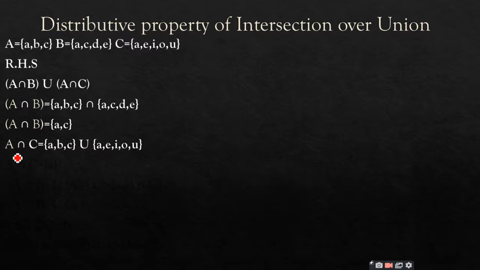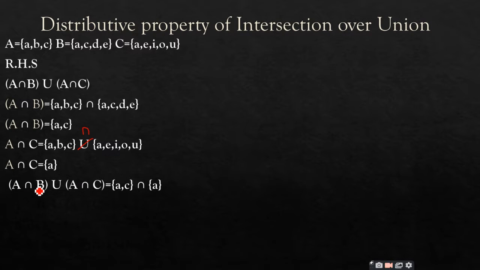Now we have to find A intersection C, and for this we just write the set A, and then we write the intersection sign and then the elements of set C. Now A intersection C is equal to A because only A is common in both sets.